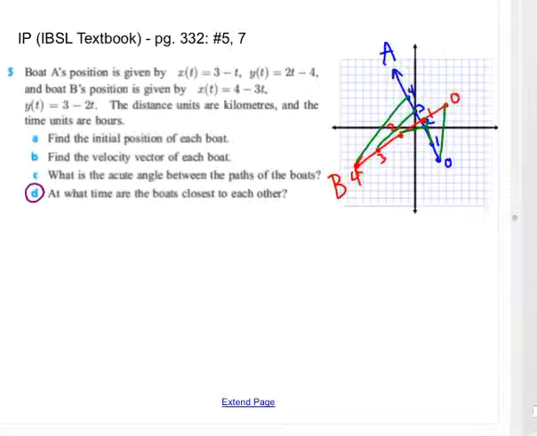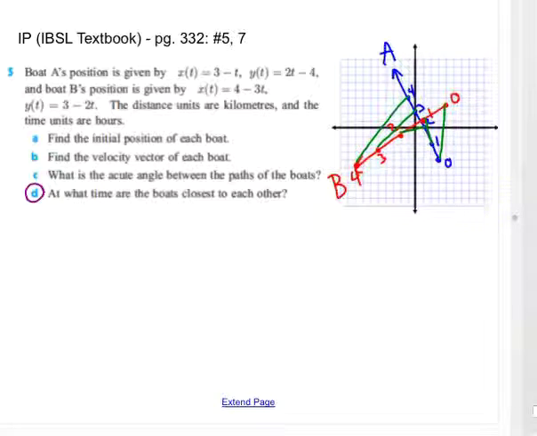You can see it starts out kind of long, and then as their paths cross, they're getting kind of close together. But you can see how the distance changes. So between 1 and 2 for your time, they're probably at their closest. Over here you can see at 3 they're getting further apart, at 4 they're getting further apart. So our answer is going to be somewhere around 1 or 2.